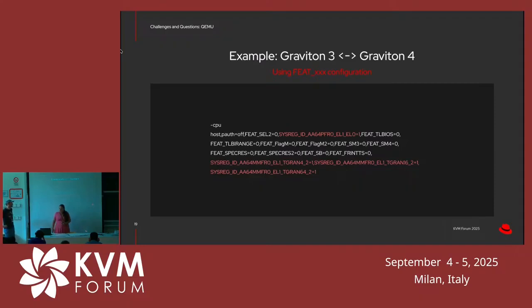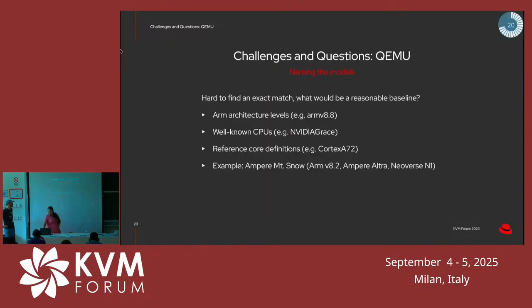But as you can see here, some of the values just cannot be converted. It looks ugly because it's mismatched. It is a bit nearer to other architectures because we do use features. But for example, like the Tiguan stuff, you just cannot express it via a feature.